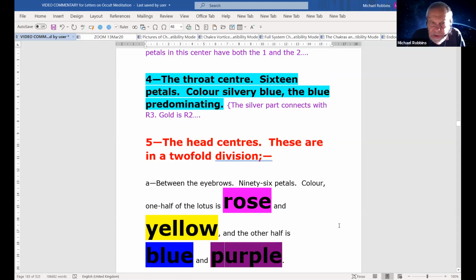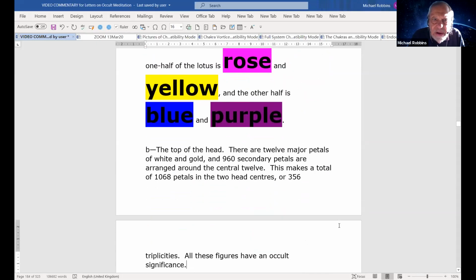All right, now what's the next thing that said? The top of the head. There are 12 major petals of white and gold. Maybe the white is for synthesis and the gold is for the summation of the great second ray, the heart within the head.